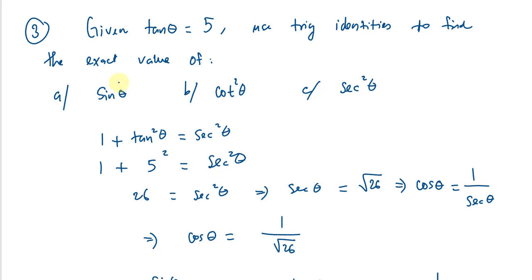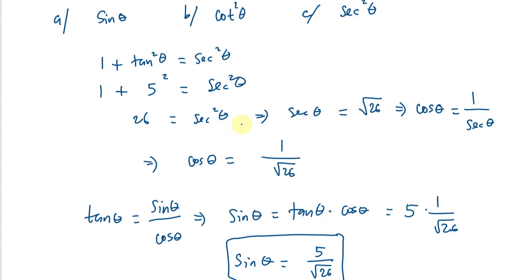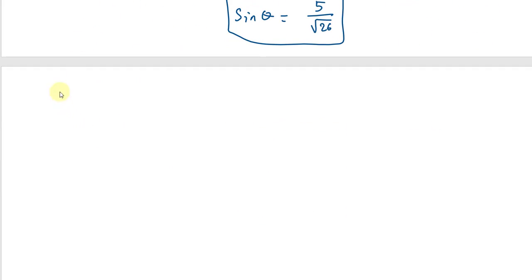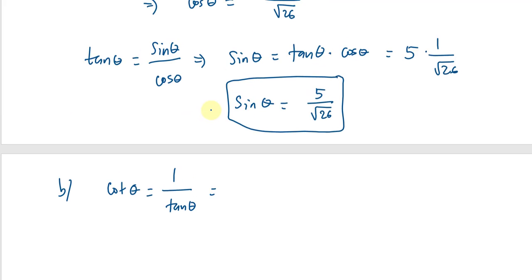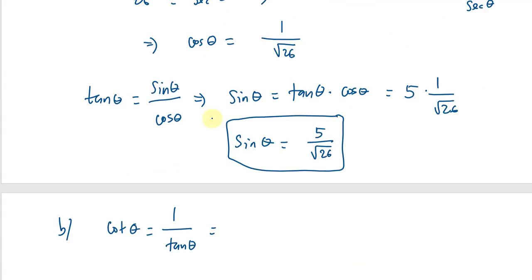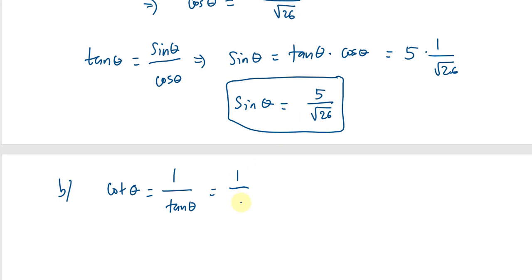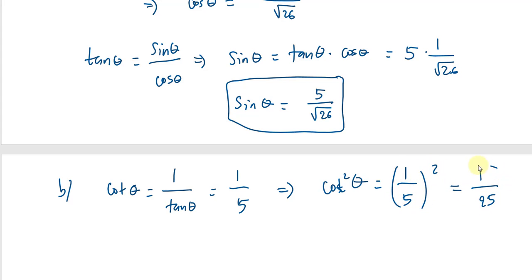Now, to find cotangent squared is easy. We know cotangent is 1 over tangent, right? And tangent is given as 5, so 1 over 5. And therefore, you want to find cotangent squared, so we take this whole 1/5 and square it, so 1 over 25.